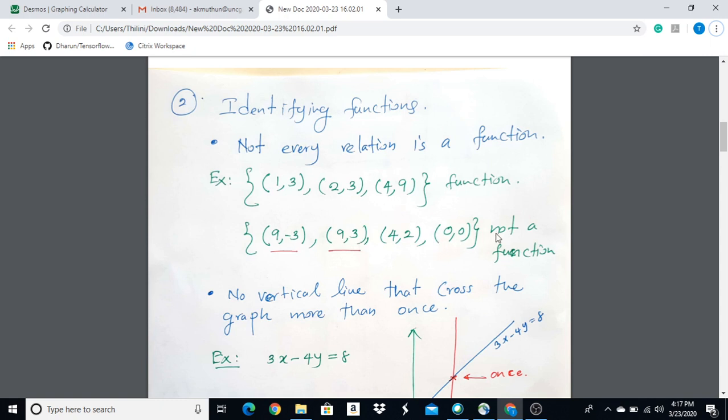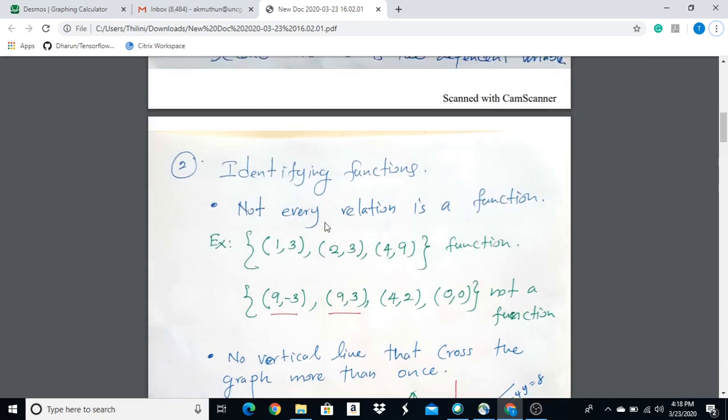So in this case, this is not a function. But you don't have that situation in this first relation. Every time, the first coordinate is always different: 1, 2 and 4. But here we have 9 twice as the first coordinate with two different y coordinates. That's the problem. So this is not a function.